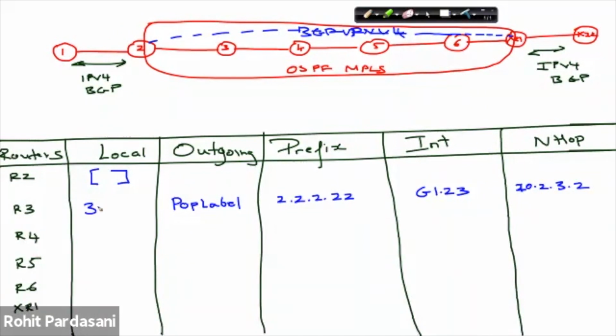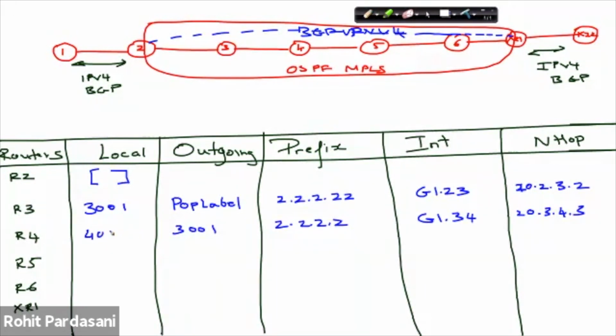Let's say he advertises 3001. He puts that here and advertises to his neighbor R4, which comes here. Again, 2.2.2.2 on gig 1.34 from 20.3.4.3.